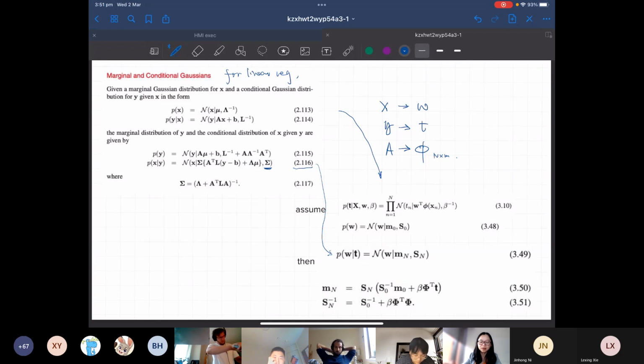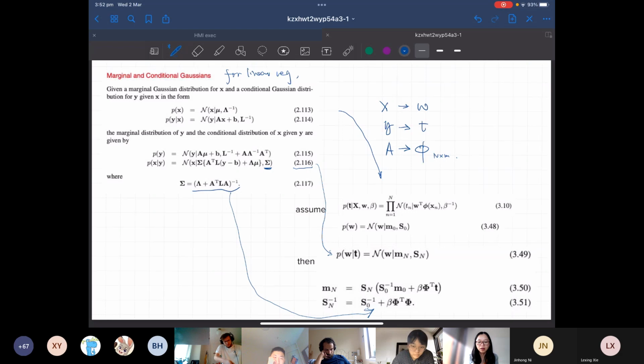It says the covariance of the posterior is sigma, where sigma is this term over here. And if applied to linear regression, it becomes this term here. So what is it?